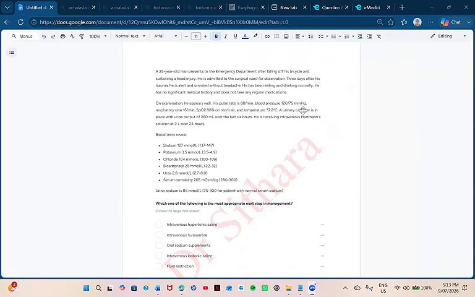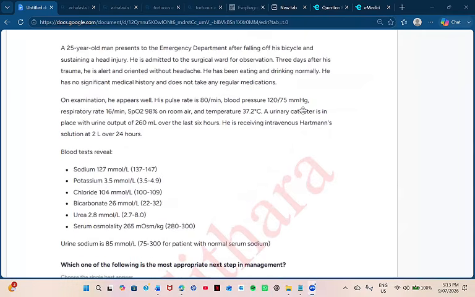A 25-year-old man presented to the ED after falling off his bicycle and sustaining a head injury. He's admitted to the surgical ward for observation. Three days after his trauma, he is alert and oriented without headache. He has been eating and drinking normally. He has no significant medical history and does not take any regular medications.